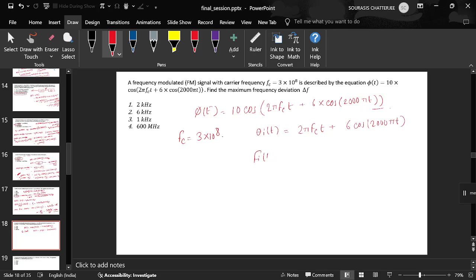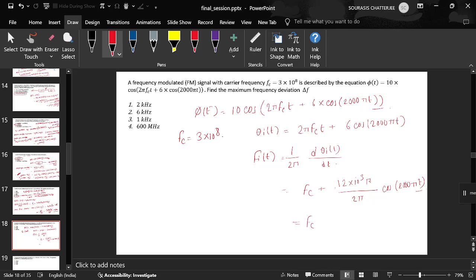Now your instantaneous frequency fi(t) is going to be 1 over 2 pi d theta i dt, that is fc plus 12 into 10 to the power 3 pi, divided by 2 pi, cos 2000 pi t.